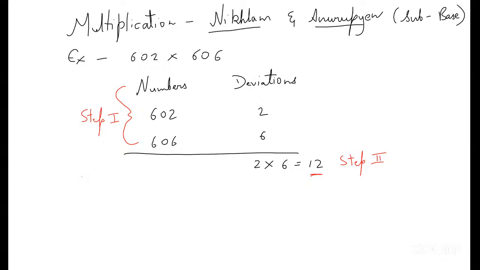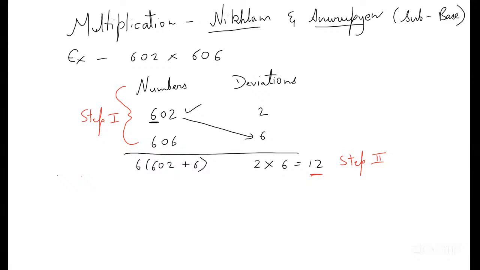To this 602, we add this 6, and multiply the whole thing by the first digit of the first number, that is 6. So I will write it here: 602 plus 6, multiplied by the first digit.